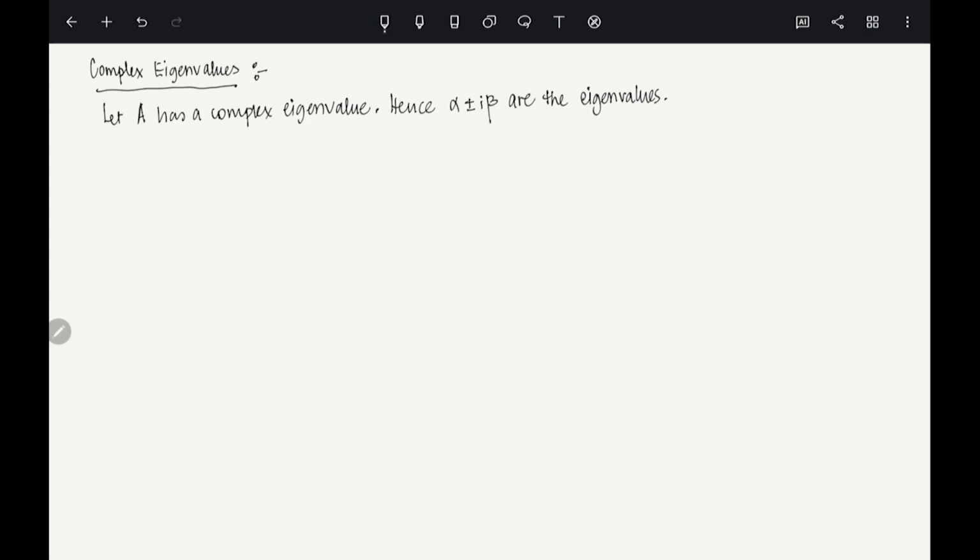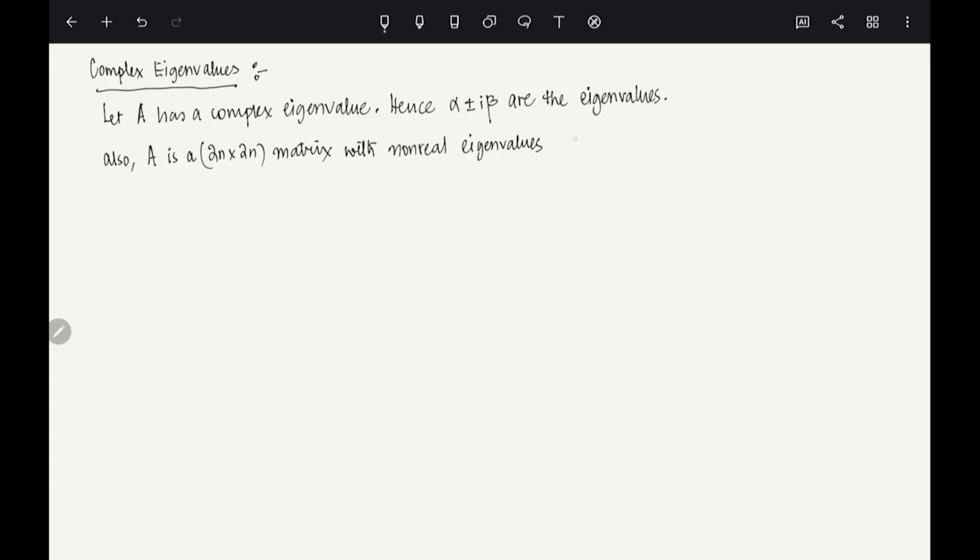In this case, suppose we are also assuming that A is a 2n cross 2n matrix with distinct non-real, so basically complex, eigenvalues.